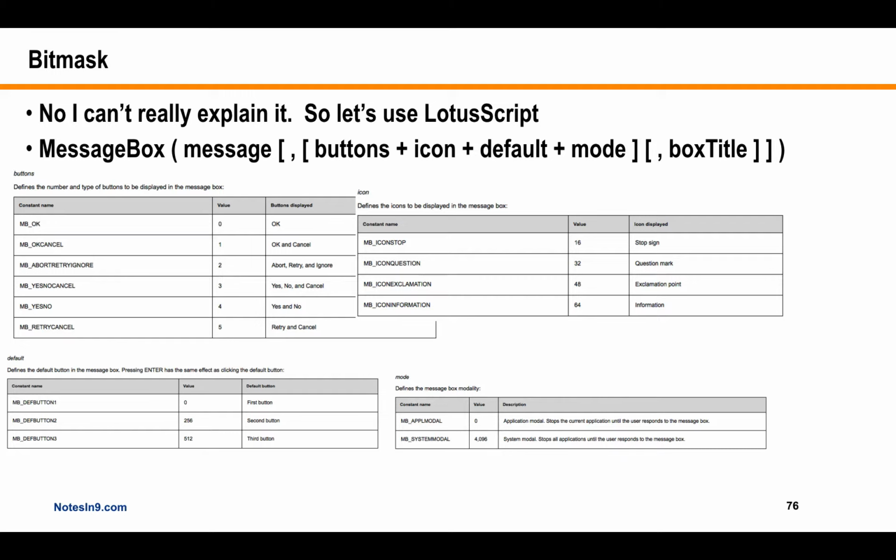The default and the mode, they all had their own different numbers. And then you combined those numbers and you passed them into the message box statement. And you never knew what number it was, but the system knew. The program knew which options you chose by the total number. That's like what a bitmask is. That's the best way I can explain it. But it's kind of like that.